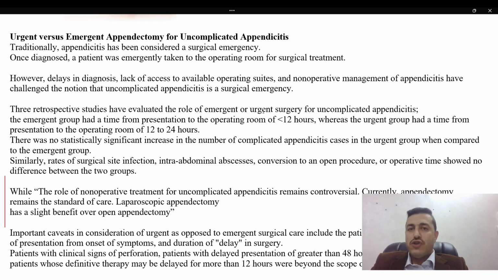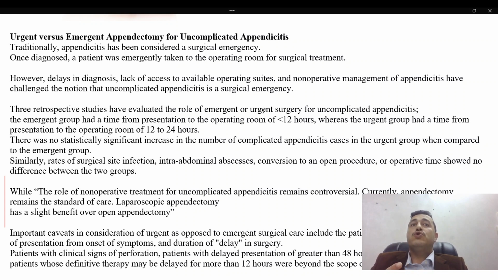This is what we call emergent appendectomy. Or we have time until we do our investigations and laboratory testing and we proceed to appendectomy in the next available theater the next day, until our specialist or our senior resident investigates it. This is called urgent appendectomy.